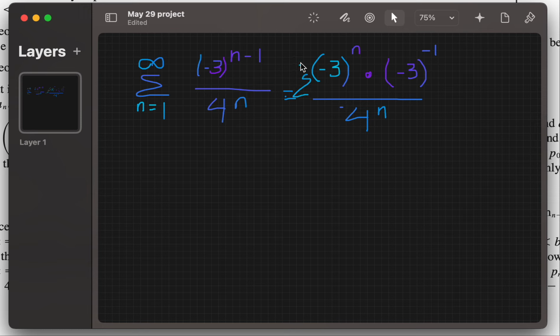So remember, this is a series. Okay, so you have that. Now, negative 3 to the power of negative 1. Well, that is just negative 1 over 3.